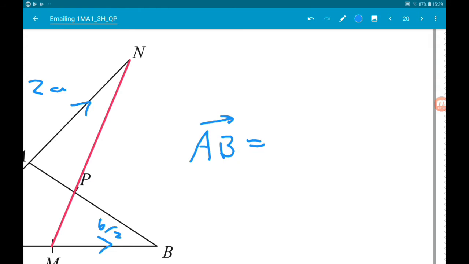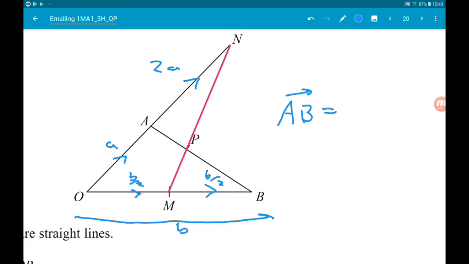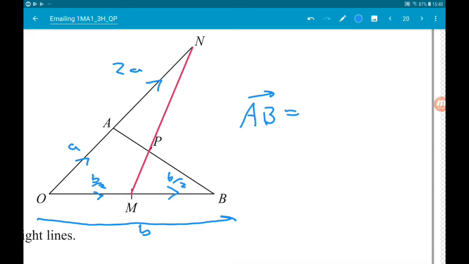To get from A to B, we need to go backwards along little a, forwards along little b. So that's minus a, add b.